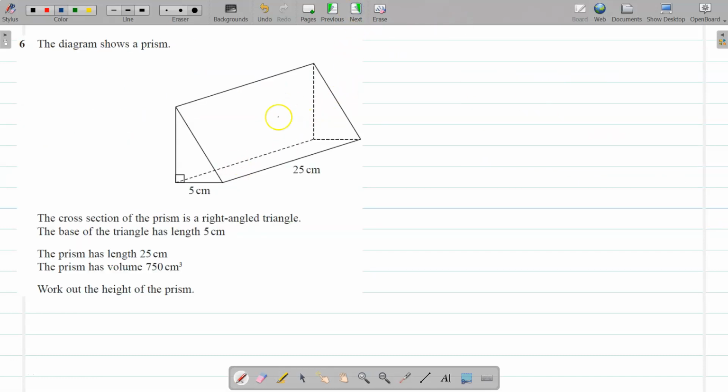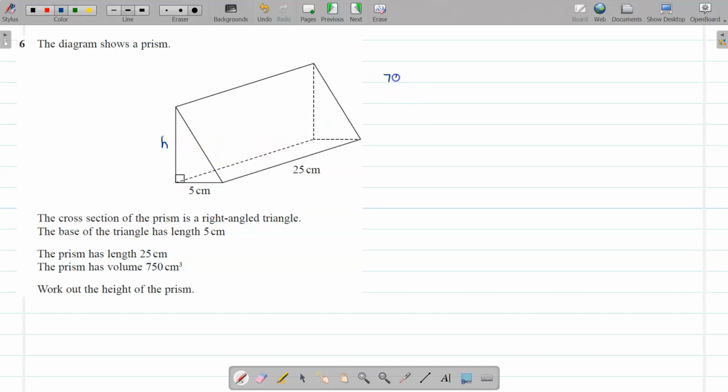Okay, so here we have a prism, and that means the cross-sectional area is the same as you slice it along its length. And we know that the volume is 750 cubic centimeters. We've got to work out the height, h. So I'm going to call that h there for the height. And we know that the volume of the prism is 750.